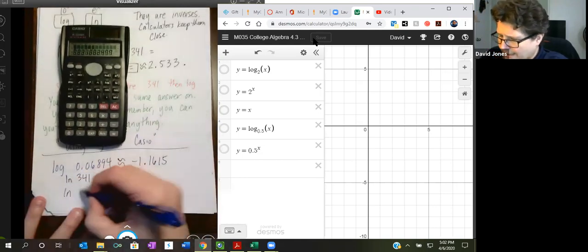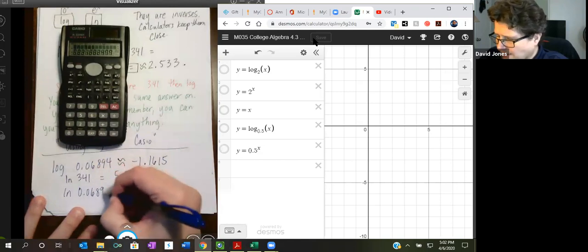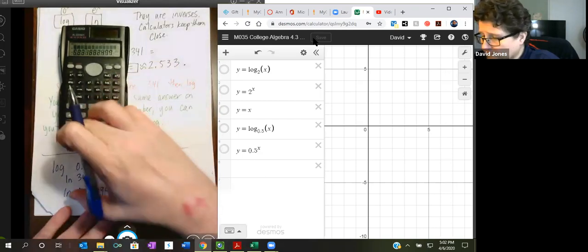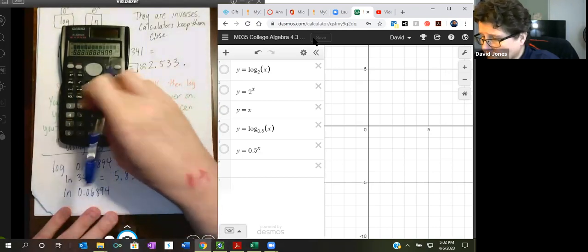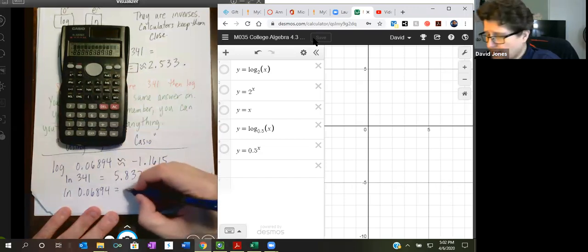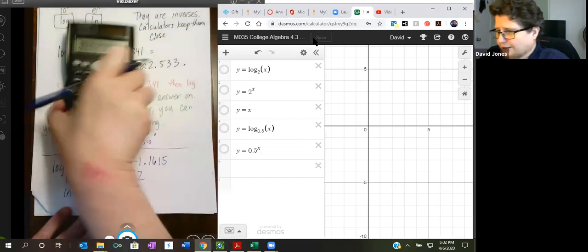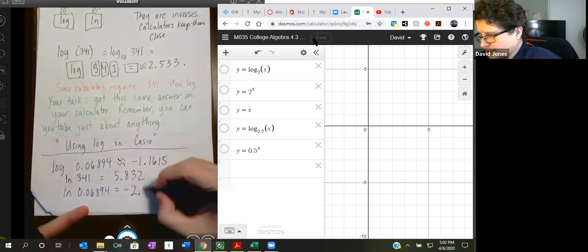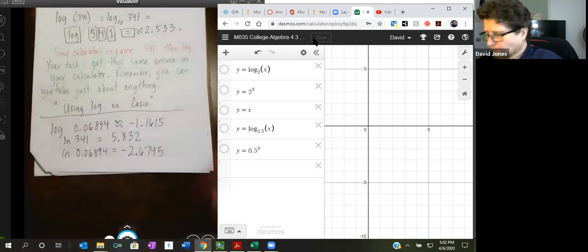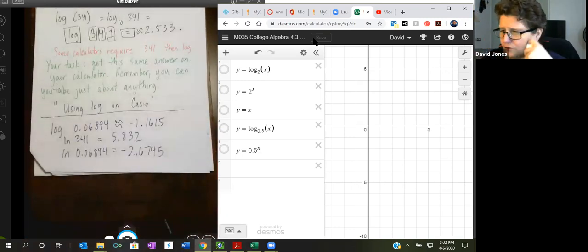And try doing ln of that last one. Negative 2 point, I can't read it very well with this angle, 6745. If you can get those 4 values on your calculator, you know how to use your calculator, okay?